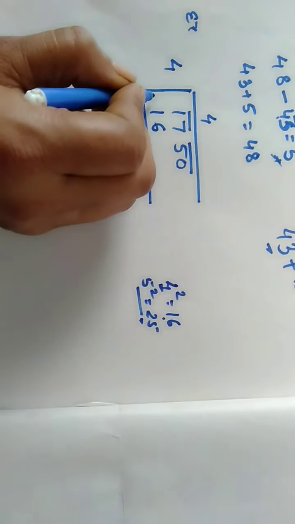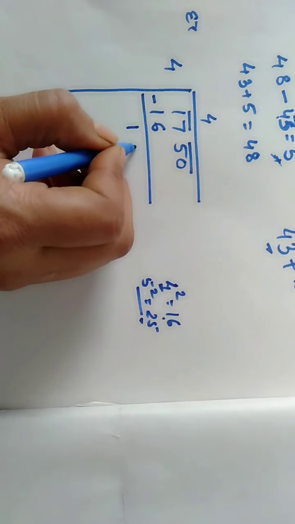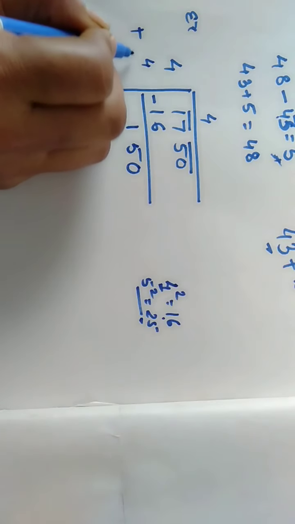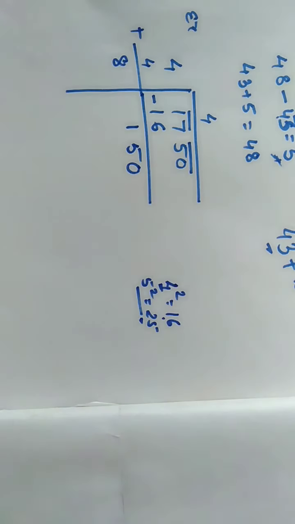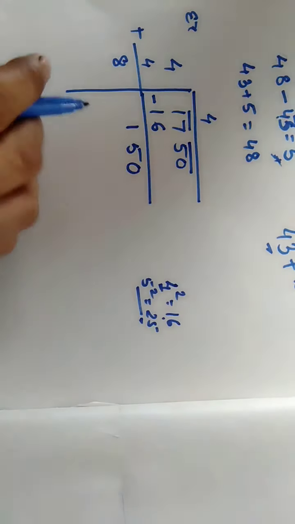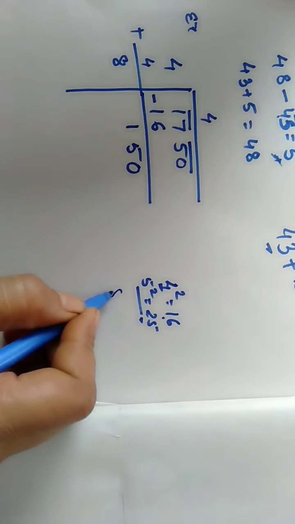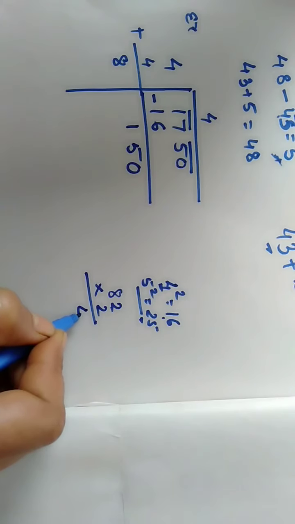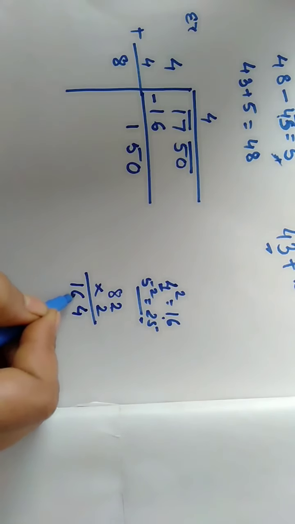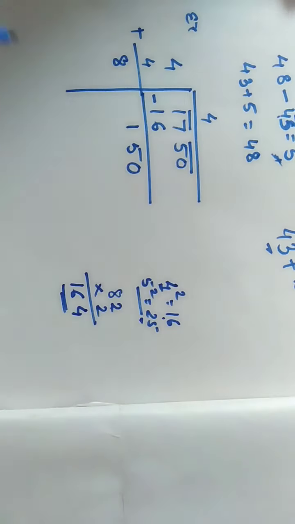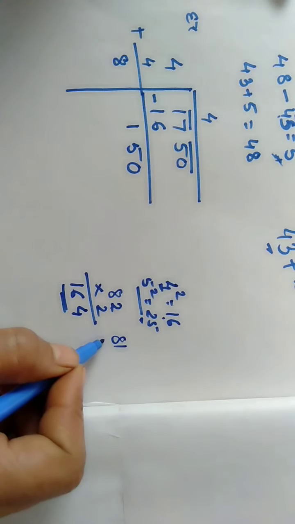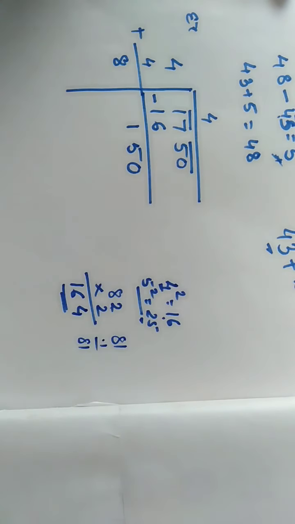16. Then 1, bringing down this 50, and 4 is added up here, 8. Now we have to try to read out the table. 82 into 2, 2 2s are 4, 2 8s are 16, 164 which is greater than this 150, and below that 81 is there. 81 into 1, 81 will give a lesser number.